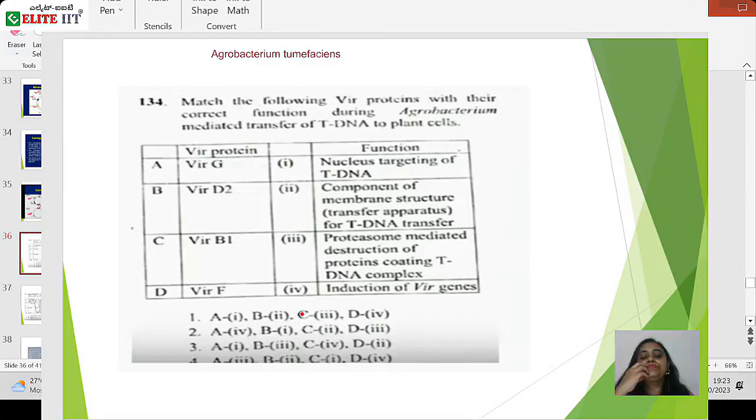Vir proteins: nucleus targeting of tDNA, component of membrane structure, transfer apparatus for tDNA transfer, component of membrane structure, proteasome mediated destruction of proteins coating the tDNA complex, induction of vir genes.